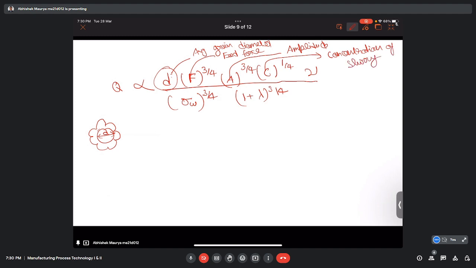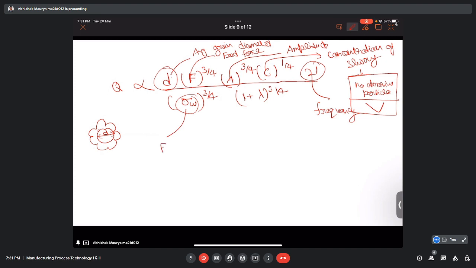Concentration means how many abrasive particles are present in a given volume of the given fluid. It may be oil, it may be water. And what is nu? Nu is the frequency of ultrasonic vibration. And sigma W is the flow stress of the workpiece material.